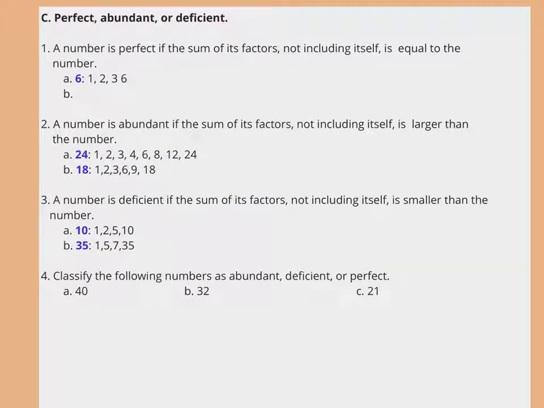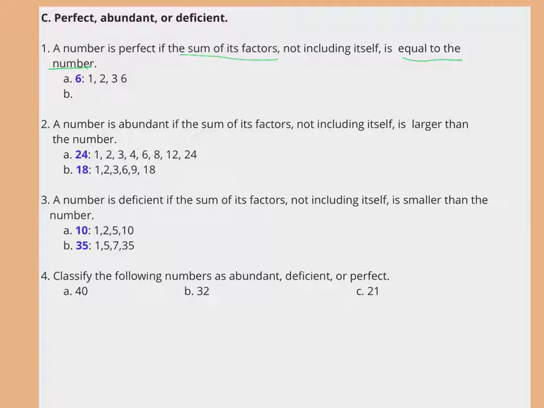Once we list out all of our factors, we can classify numbers into 3 classifications: perfect, abundant, or deficient. A perfect number is a number where the sum of its factors, not including the number itself, is equal to the number.